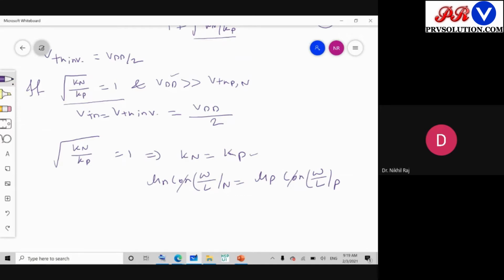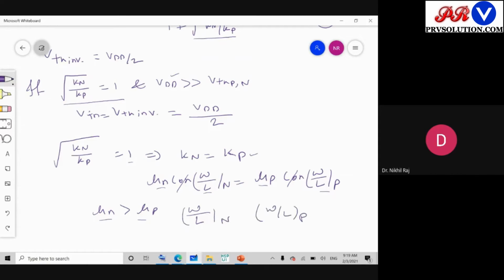So now this ratio of 1 will be a function of the mobilities as well as the device dimensions. Now we know that mu n is greater than mu p, approximately 2 or 2.5 times mu p. So in that case, what should be the W by L ratio of n with respect to p?